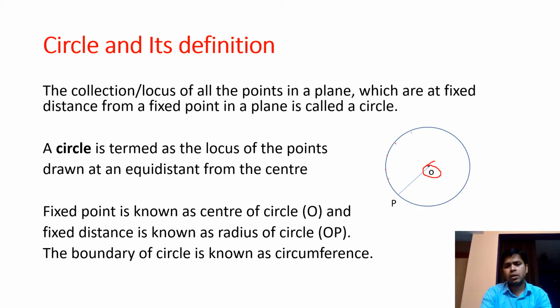Equal distances means the distance from O to any given point on the circle is the same. Then the figure we get is a circle.